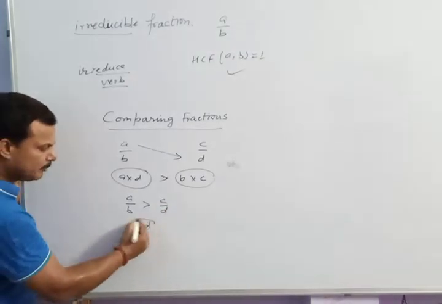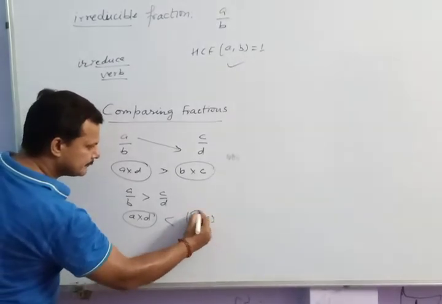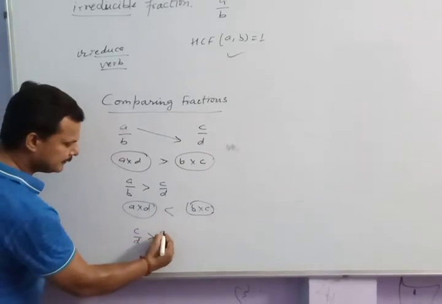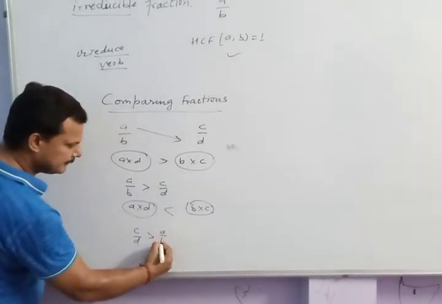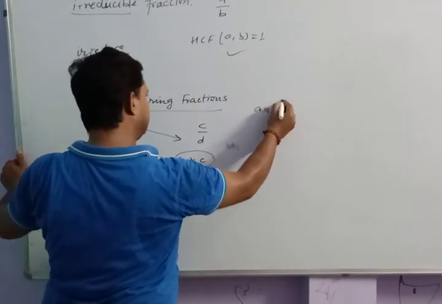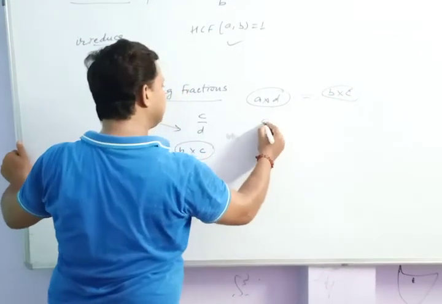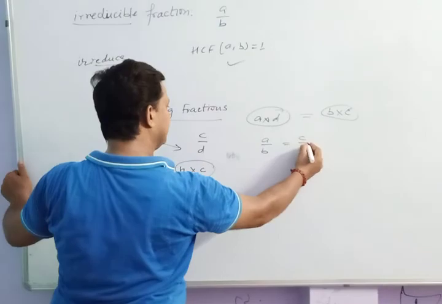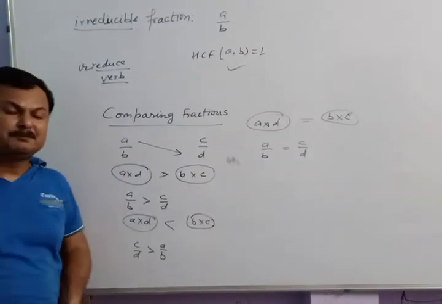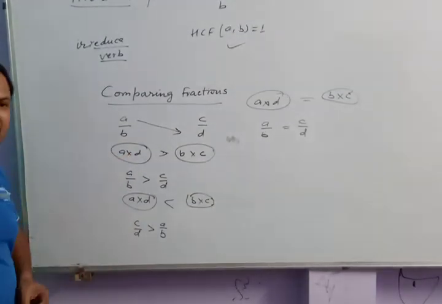If this product is less than the other, it means the second fraction is greater. Or if both products are equal, it means both fractions are equal. So you have to cross multiply, and you can check which fraction is bigger and which is smaller on the basis of their products.